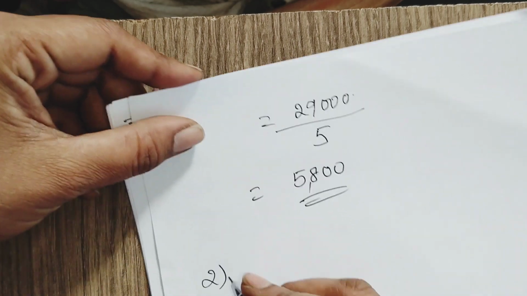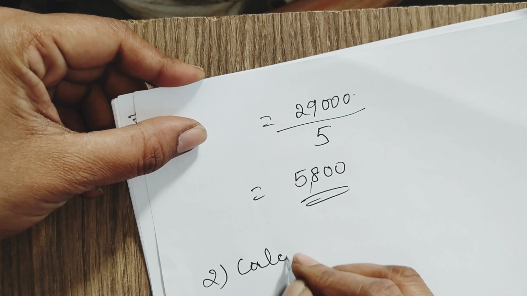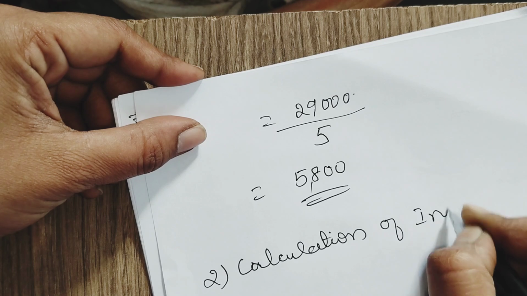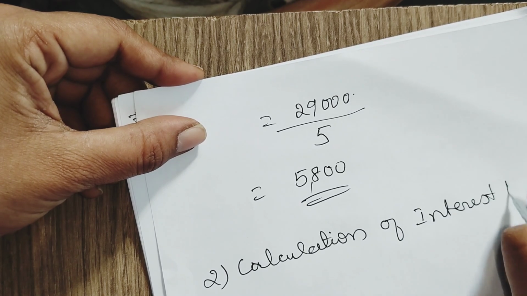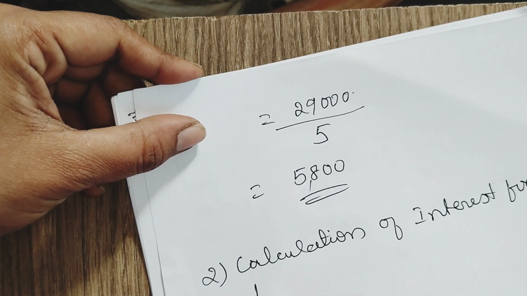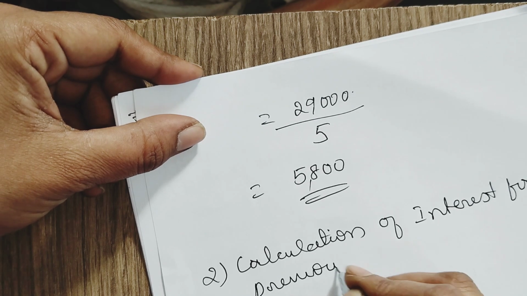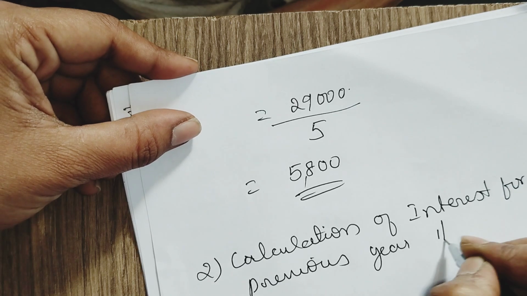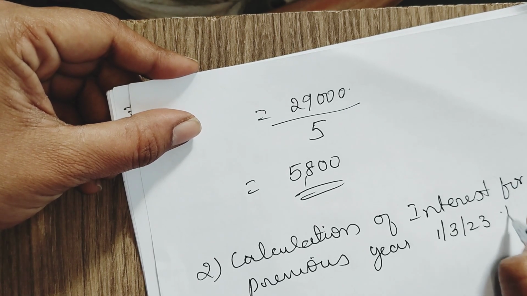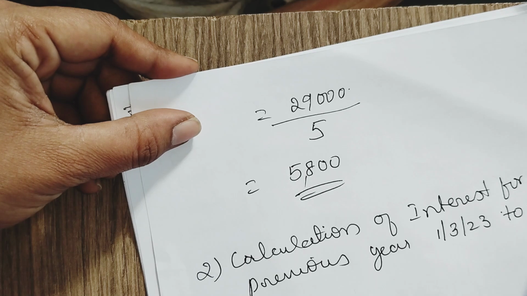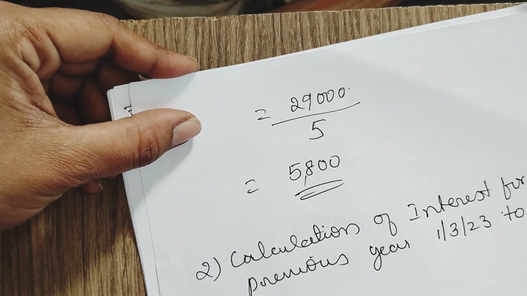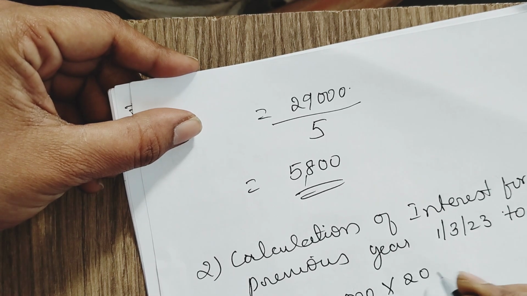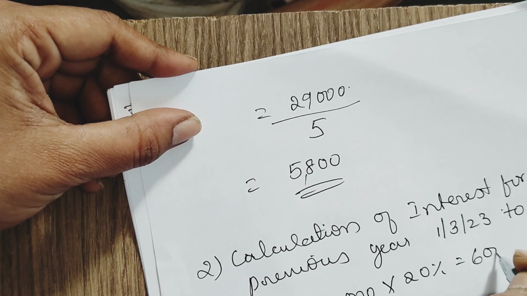Then next we have to calculate interest for the previous year, that is from 1st April 2023 to 31st March 2024. So what is the interest? 30,000 is the amount into 20%. So it is 6,000.